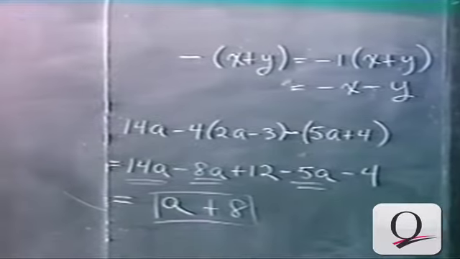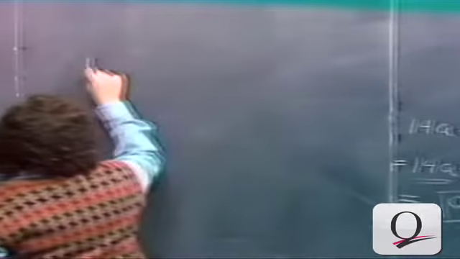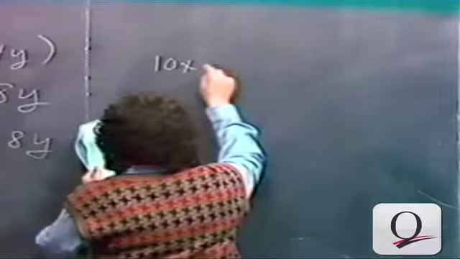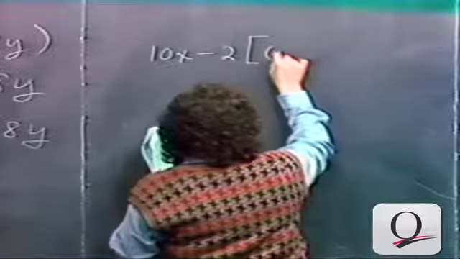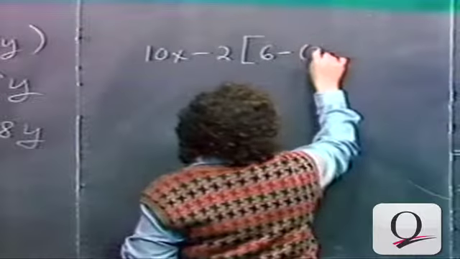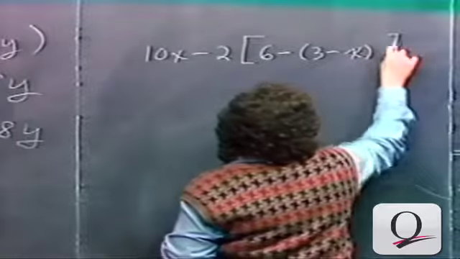All right, let's try to simplify this expression. 10x minus 2 times brackets 6 minus, in parentheses, 3 minus x.